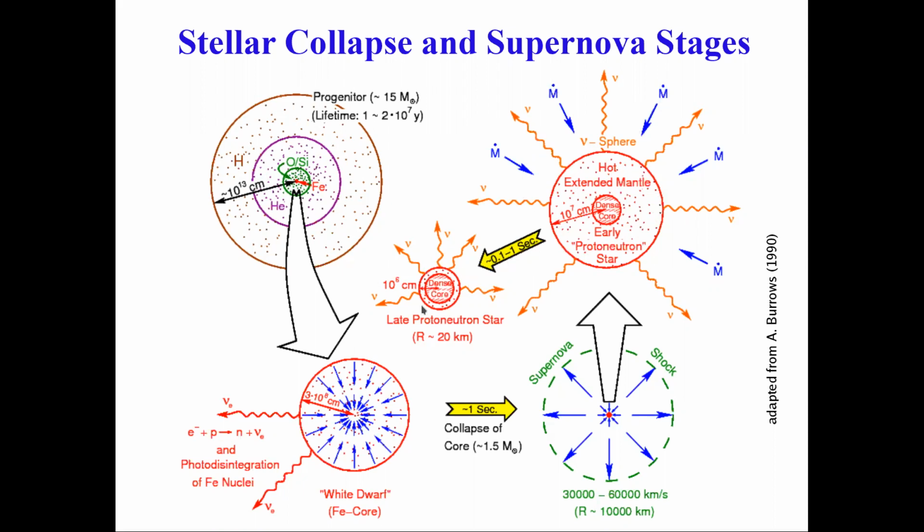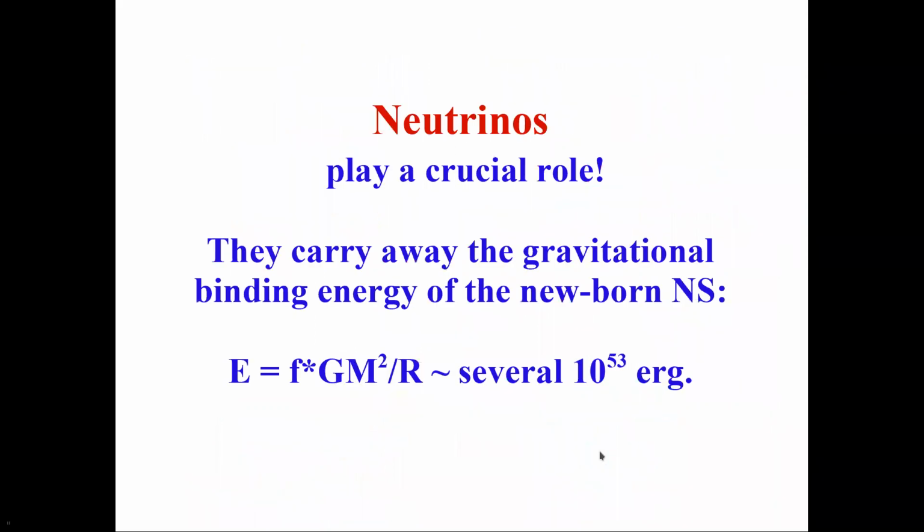And within about, let's say, another 10 seconds or so, it cools off to the final neutrino transparent state, at which then this long time cooling, first by neutrinos and then by photons, starts. And that's the situation, or the whole scenario, which we need to investigate by numerical simulations in order to get the answer what the processes are which lead to the explosion of the star, to the supernova.